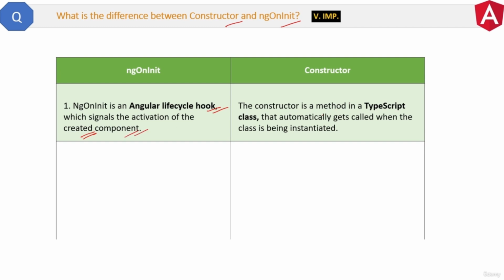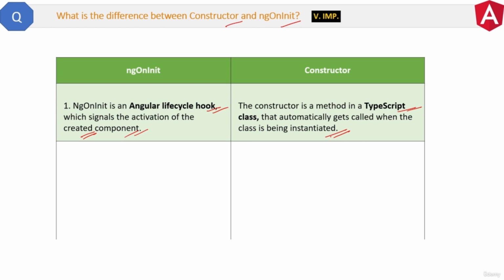On the other hand, the constructor is a method in a TypeScript class that automatically gets called when the class is being instantiated. Meaning, the constructor is not a part of the Angular lifecycle hooks. It's a part of the TypeScript class. And the Angular framework and the TypeScript class are two different things. TypeScript can be used in other frameworks also, apart from Angular.